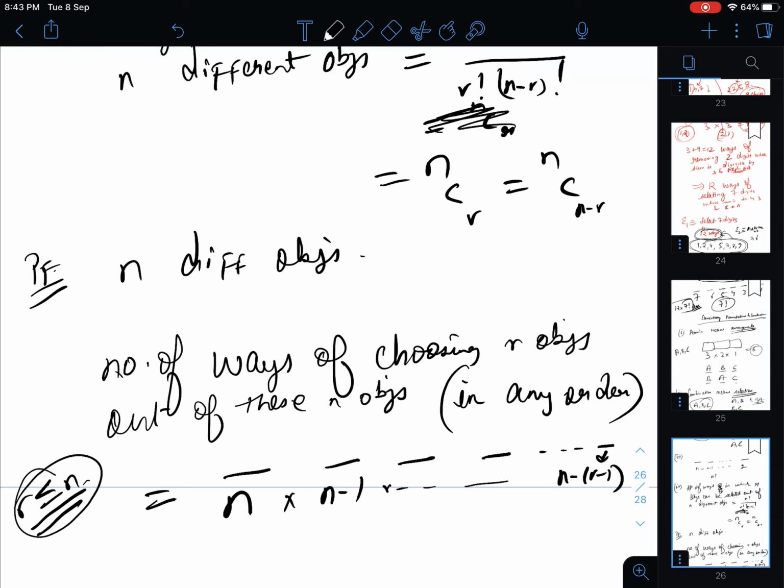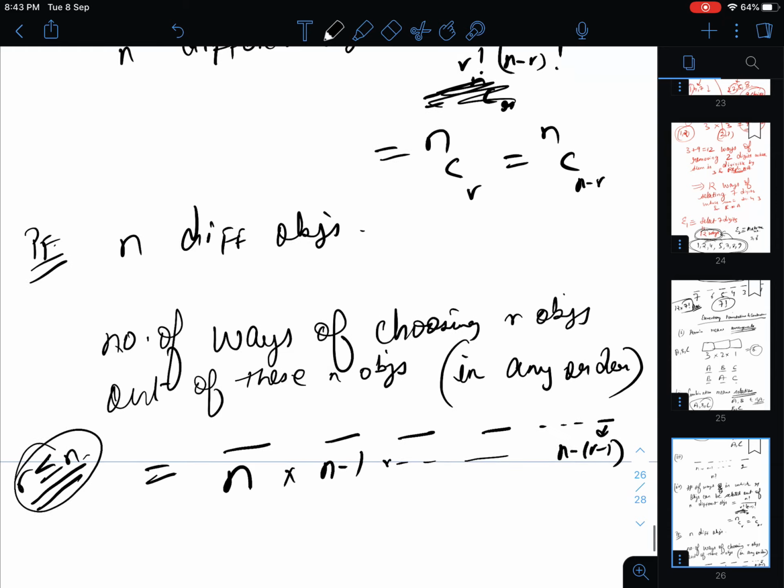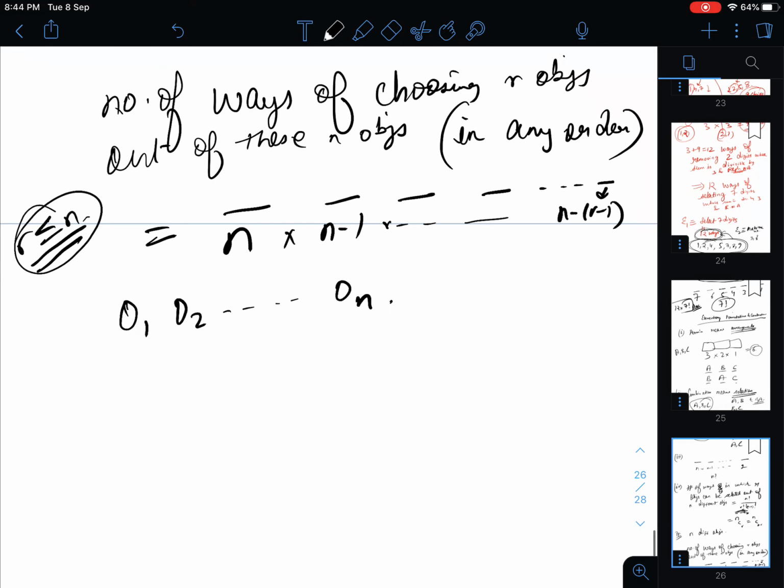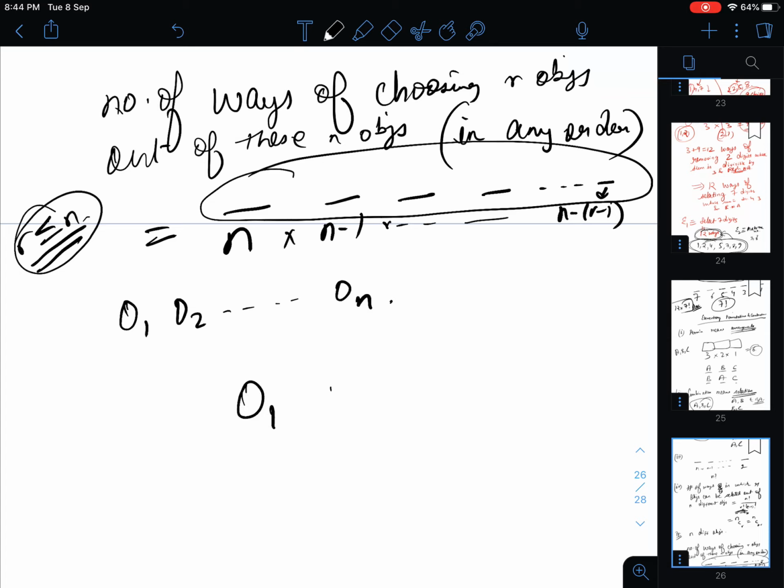Okay, now we have already discussed that multiplication includes all possible orders. Now suppose these n objects are, let's say, O1, O2 till On, and suppose the R objects that appear here are O1, O2 till OR. Okay, suppose these were the R objects, that is one possible arrangement.